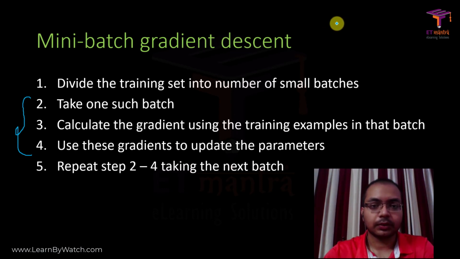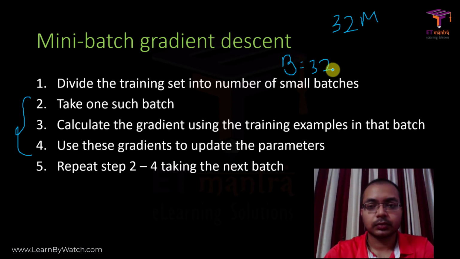So suppose, for simplicity of division, we have 32 million examples, and suppose our batch size, I have denoted it using B, is 32. Let's take it 3200.